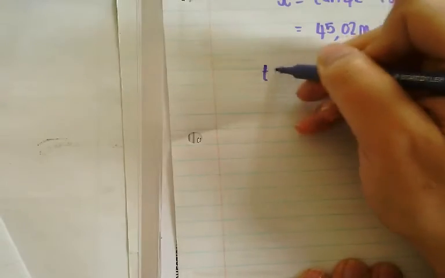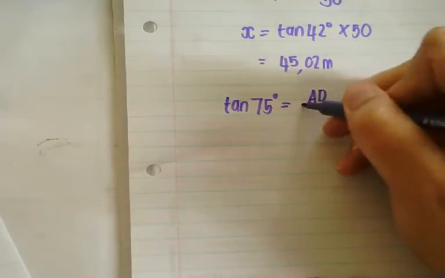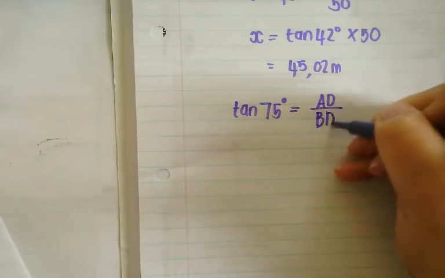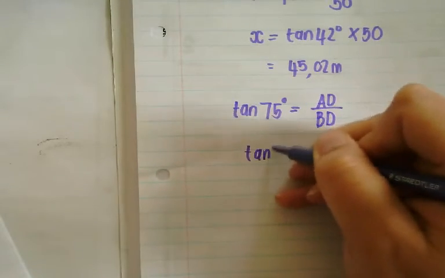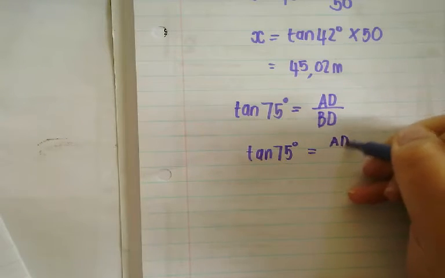Let's write it down. We have an angle, tan 75 degrees is equal to my opposite, which is the AD, over adjacent, which is BD. But we know what BD is. It's just 50 meters.